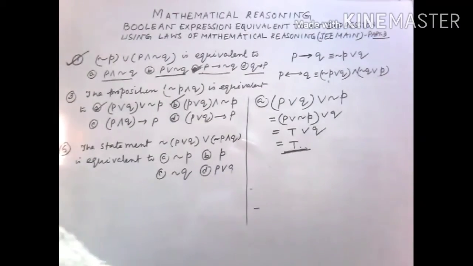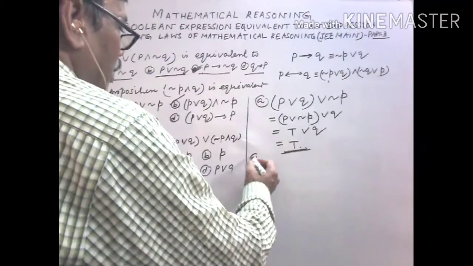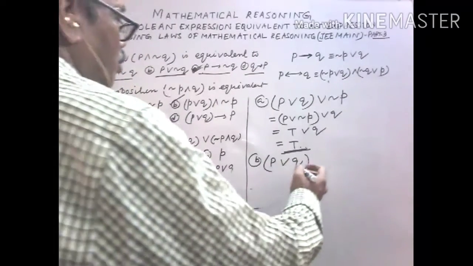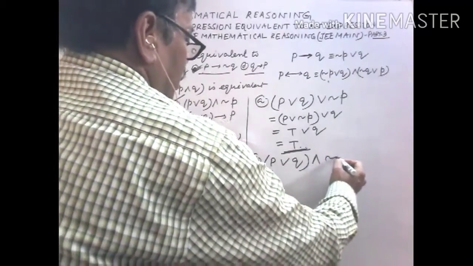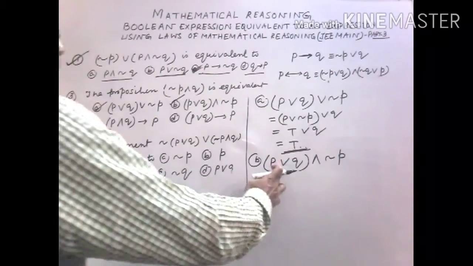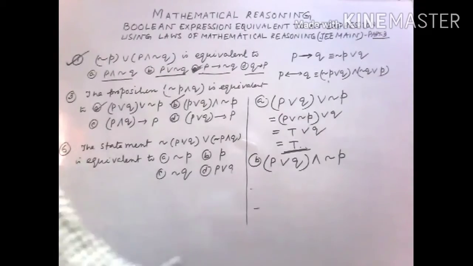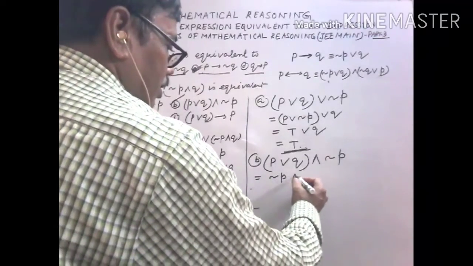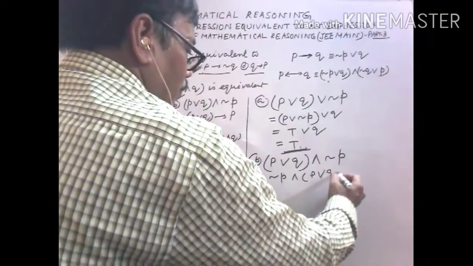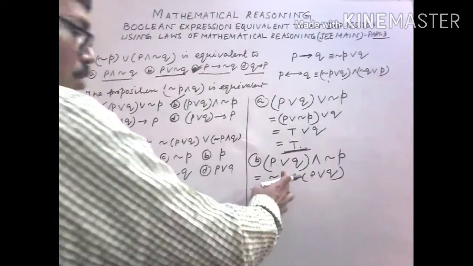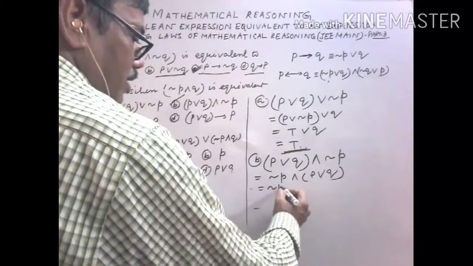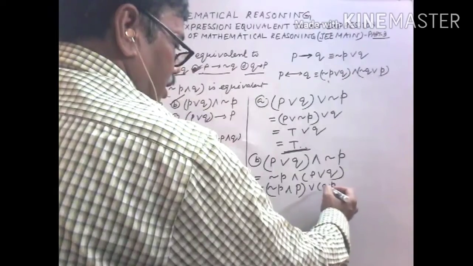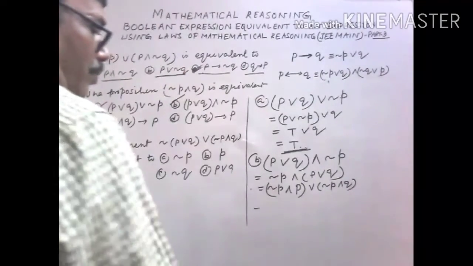Now the second one, option B: P disjunction Q, negation P. So two operations, and we can use the distributive law. So negation P at the beginning, this is commutative. Now use the distributive law: (negation P intersection P) union (negation P intersection Q).